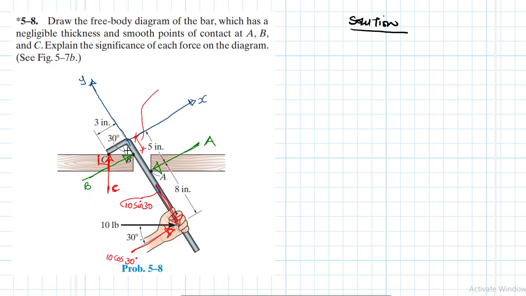So this length, given this angle 30 here, we know that tan 30 is going to be equal to opposite, which is this length here, let me call it y prime, divided by adjacent, which is 3 inch.